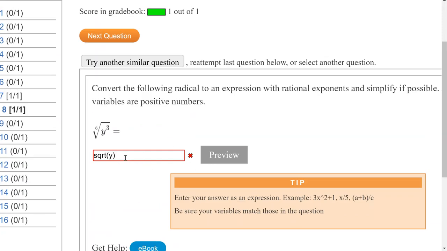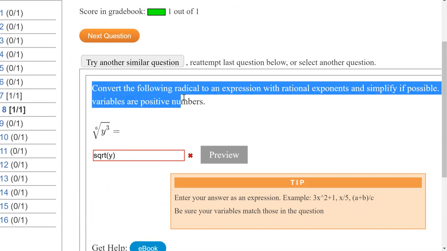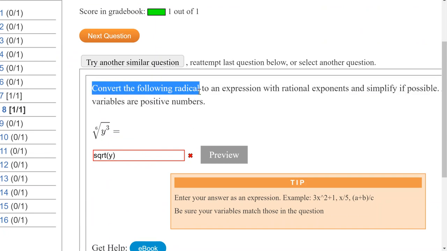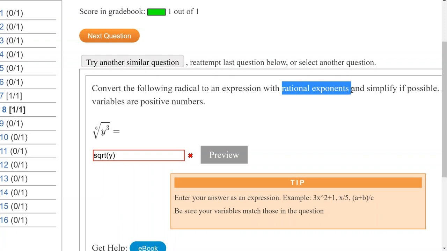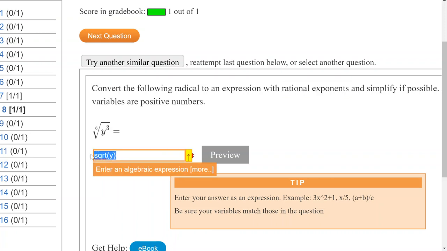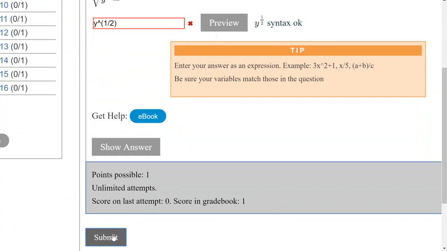The reason being, it's asking us to convert from radical form, the root form, to another form, because we're practicing this notation. The other form is the fractional exponent form, the rational exponent form. And here I've left it in radical form. So that's why we need to do y to the 1/2. There I am putting it in as shorthand and not using the little yellow arrow. That's what they're looking for. All right? This concludes our video.